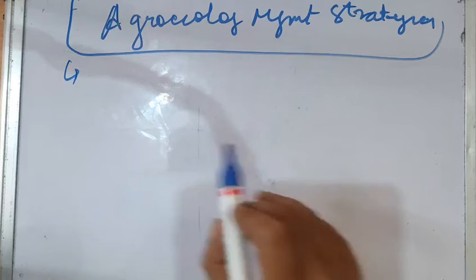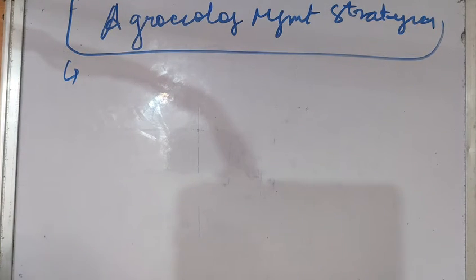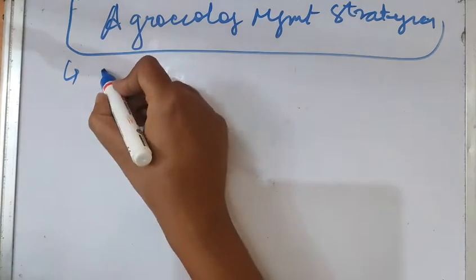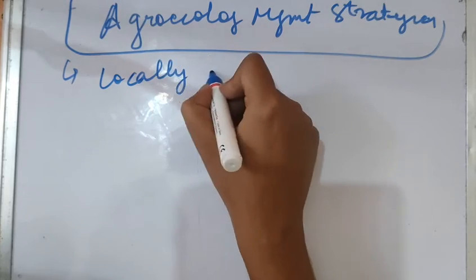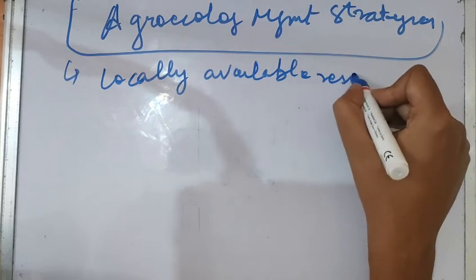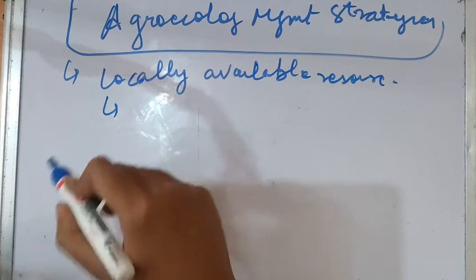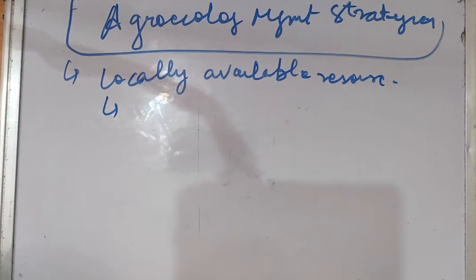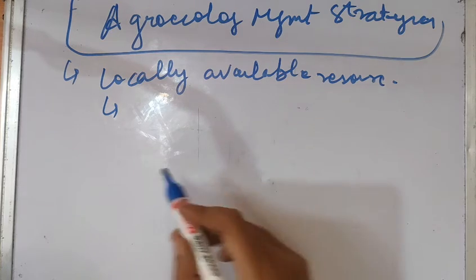So first of all, we will optimize the use of locally available resources. We are going to use local and traditional resources, for example those produced from local farm systems, from plant, soil, animal, people, etc. So we're going to use that.